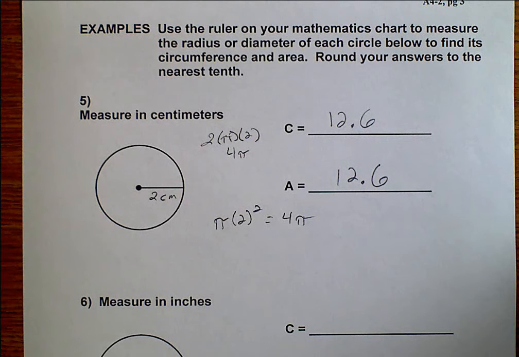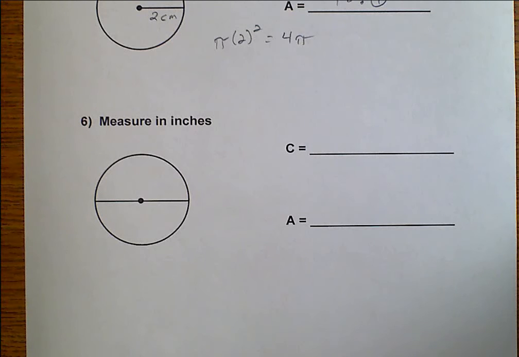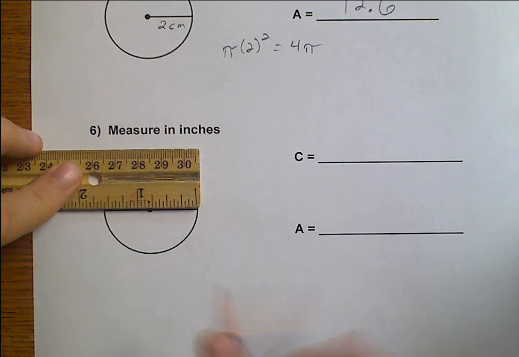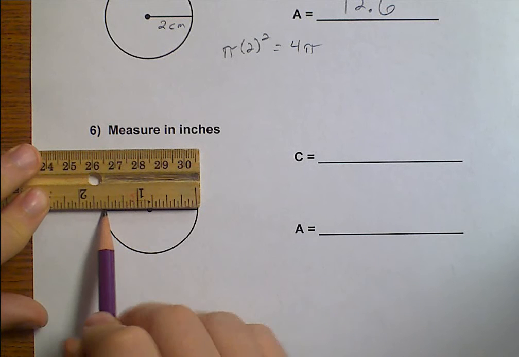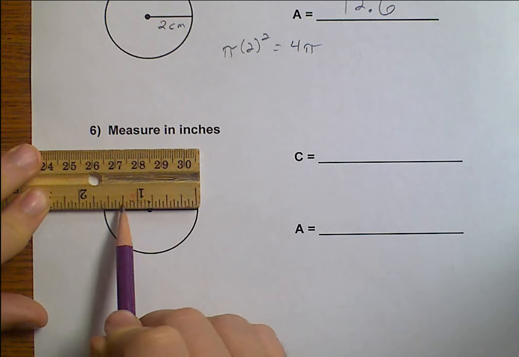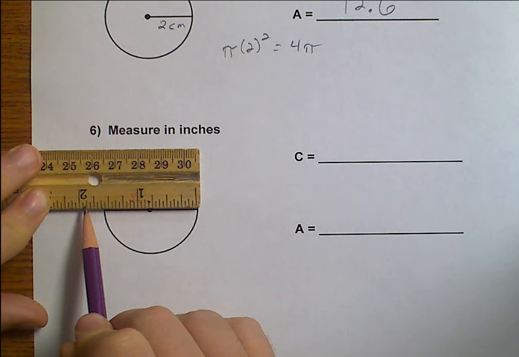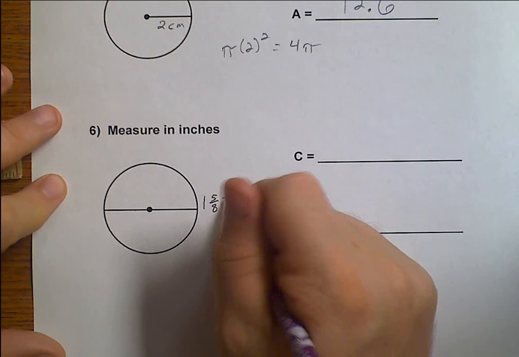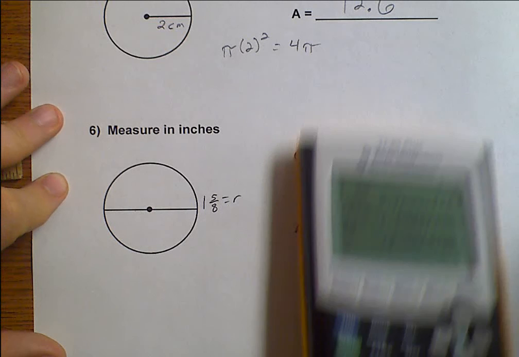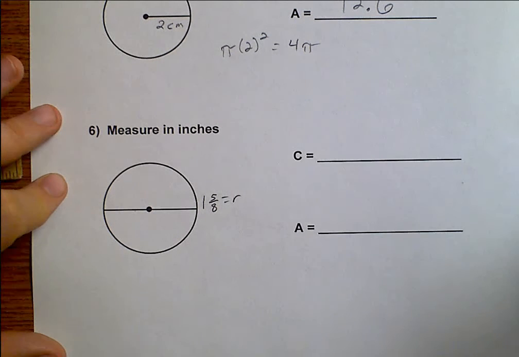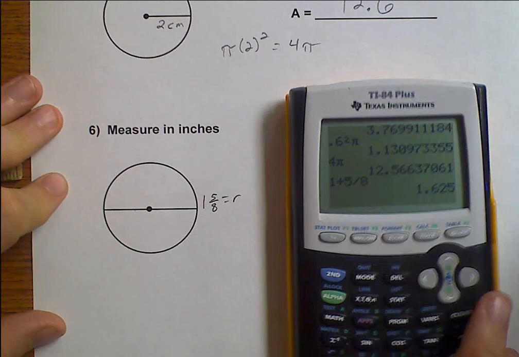Let's go ahead and talk about inches. Here, we're given this, and it is 1, and we'll call that 1, 2, 3, 4, 5 eighths. 1 and 5 eighths, which is 1 plus 5 over 8, is 1.625. Or, we can use this as a fraction: math, frac.